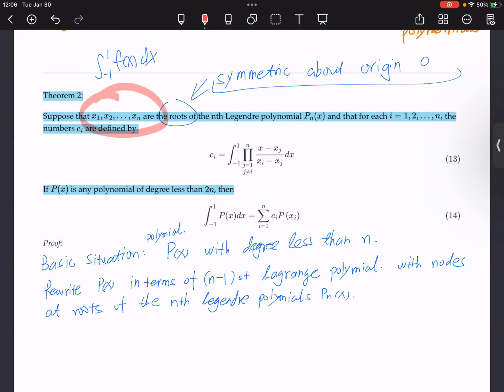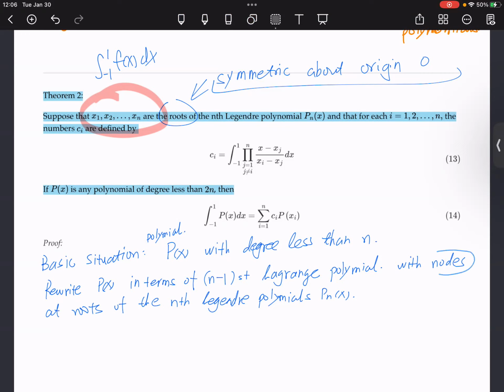And then if we have a basic situation, p(x) is the function f(x), and we let p(x) be of degree less than n. Then we can rewrite this function into the n minus 1 degree Lagrange polynomial, because we have n nodal points here.